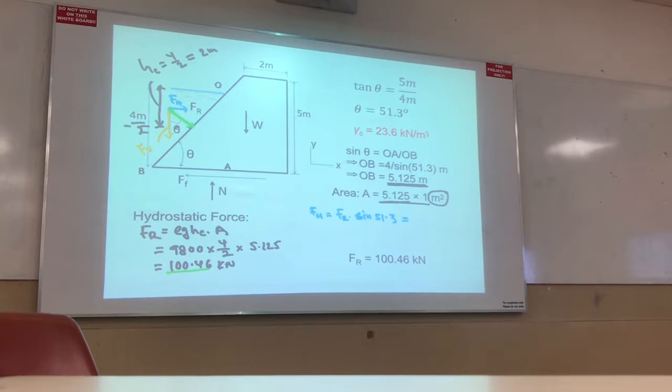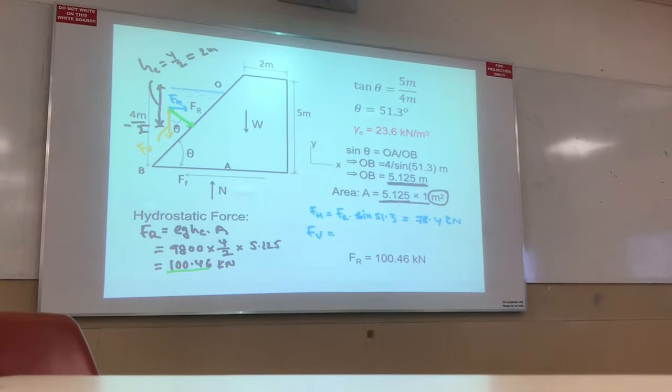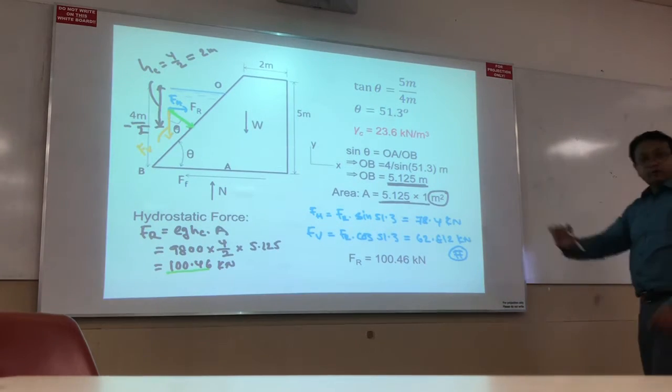Then I get 78.4 kilonewton. And what is the vertical component? Fr cos 51.3. I get 62.812 kilonewton. And this is the answer. Okay? This is the part 1 complete.